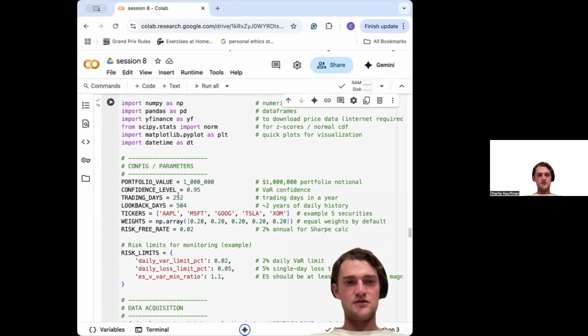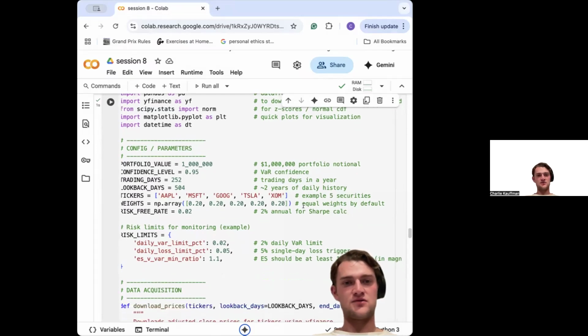So here we're just laying out the parameters. The portfolio is 1 million. The confidence level is 95%. This is the number of trading days. This is 2 years of data. And then here are the tech, auto and oil securities we're going to use.